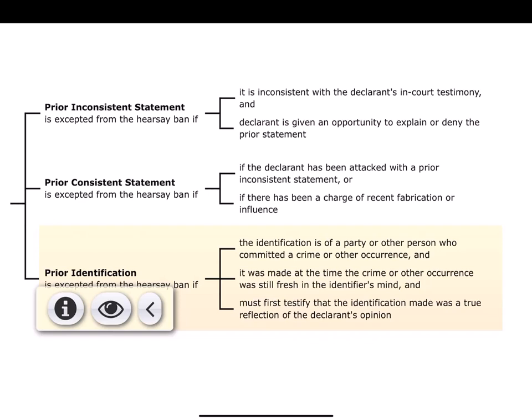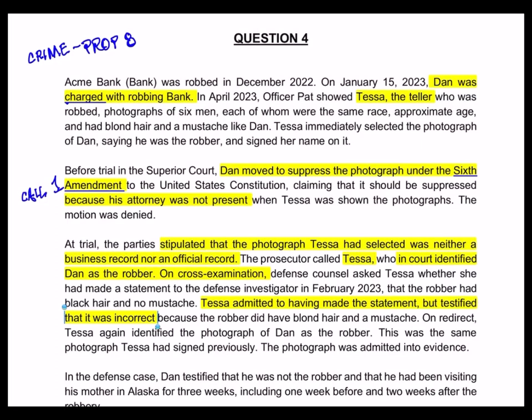We may have a problem with that second element. At a time it was fresh in her mind. The robbery was in December. It wasn't until April that she was shown the photograph and identified him. Is that still fresh in her mind? So that's going to go to Call 2B, which is next in the facts.